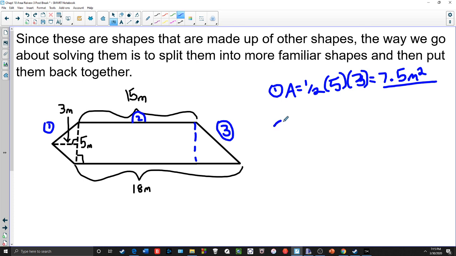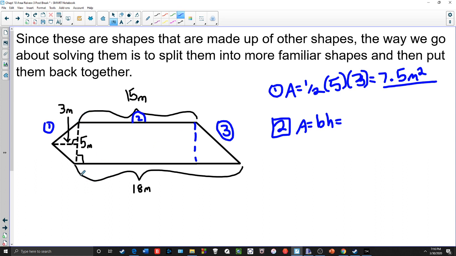Now let's try to find the area of the rectangle. The reason I did it like this is because to get the area of the rectangle, I need its base and its height, which are not necessarily the numbers listed. I'm not going to use 15 and 18 because 18 goes all the way to the end here, and I don't want that piece right there. I want the entire length here. So I want 15, which takes care of the top base, times 5, because 5 is the height.